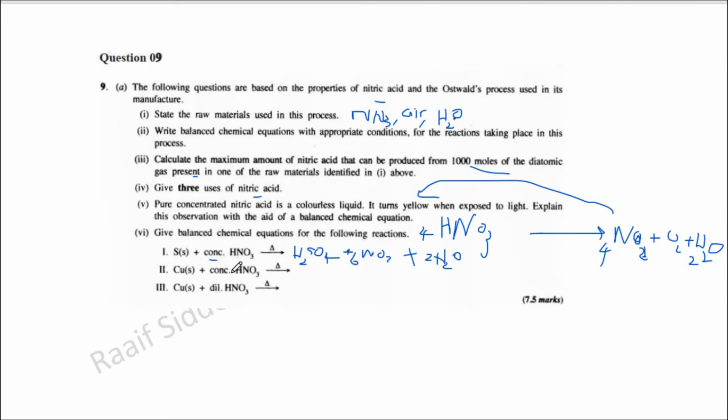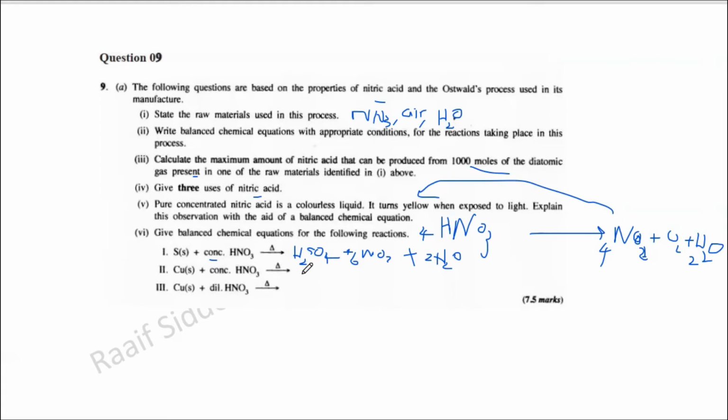And copper with dilute and conc, I told you in our activity series, the reactions differ based on the dilute nature and concentrated nature. So when you have dilute, it will produce copper nitrate, NO plus water, and when you have concentrated, it will produce copper nitrate, NO2 and water.